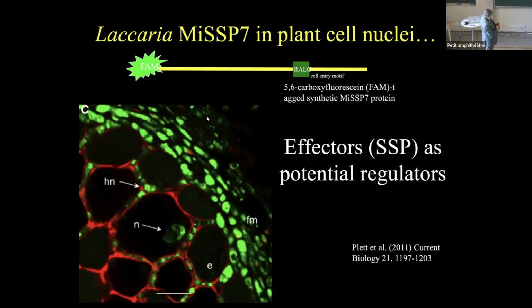And you can see that this effector, a peptide I should say, is accumulated in the fungus, but also migrates to the nucleus of the host cells in the mycorrhizal association. So it's not only in the fungus, but also in the nucleus of the host. And in this very nice work, they show that it's switching off the jasmonate answer.